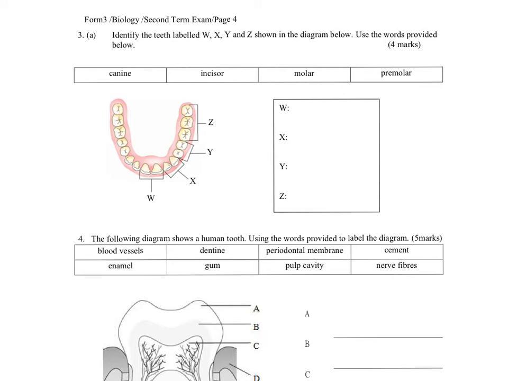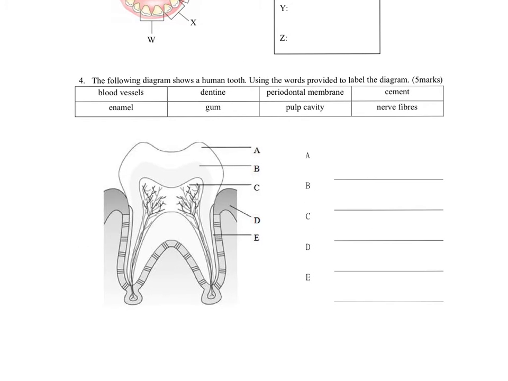And you did quite well in question 3 and question 4. W is incisor, X is canine, Y is premolar, and Z is molar. For question 4, the structure of a tooth. The outermost part A is enamel.